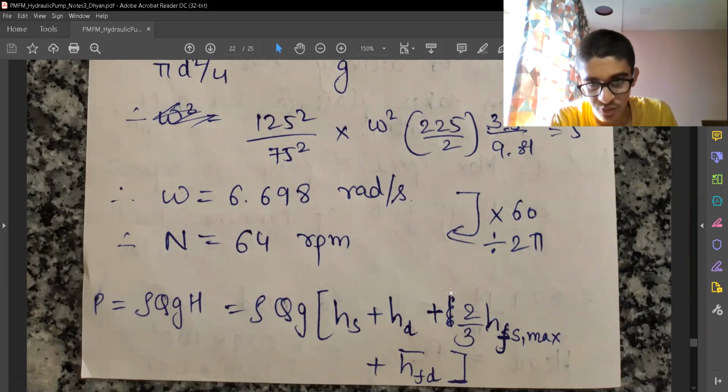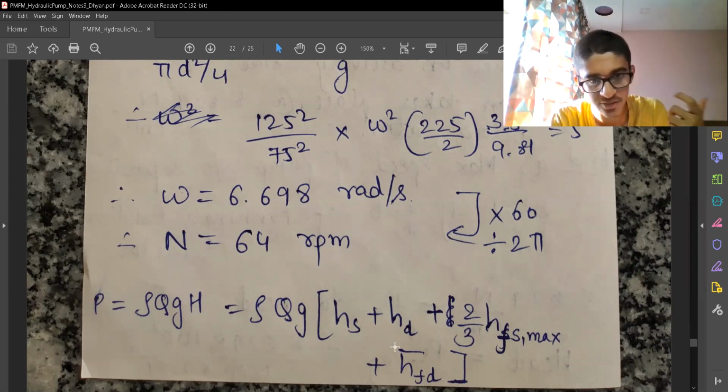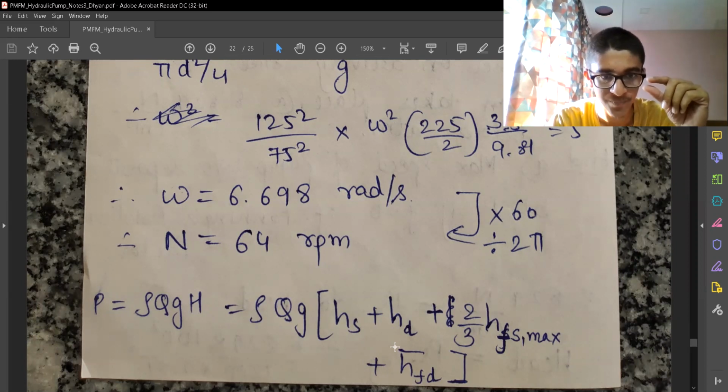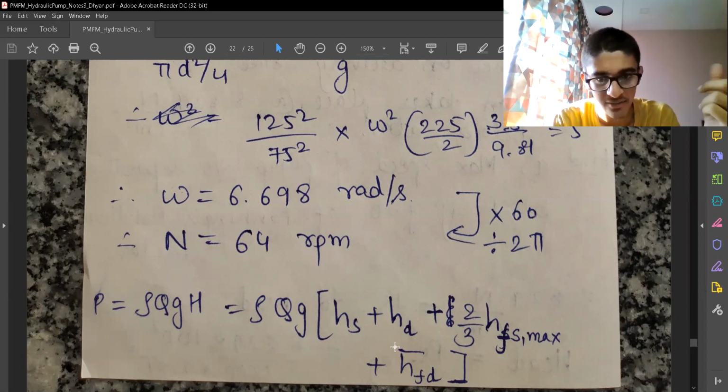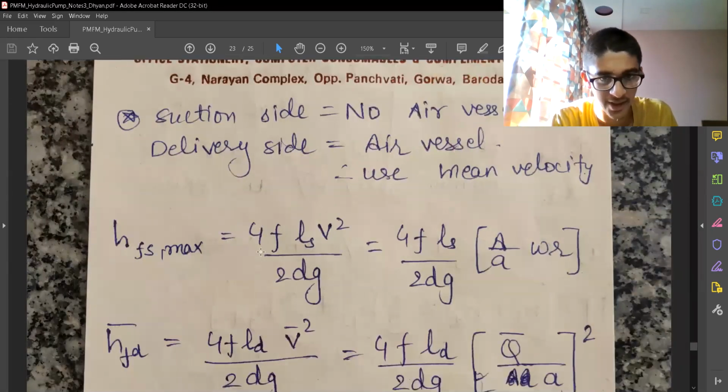On the suction side, there is a 2/3 factor, since there is no air vessel, so there is going to be frictional suction head on the suction side. While on the delivery side, that friction is not going to act over a long length, so we can safely assume it to be 0, and we can directly take the mean flow rate and mean length required. That's all I have explained.